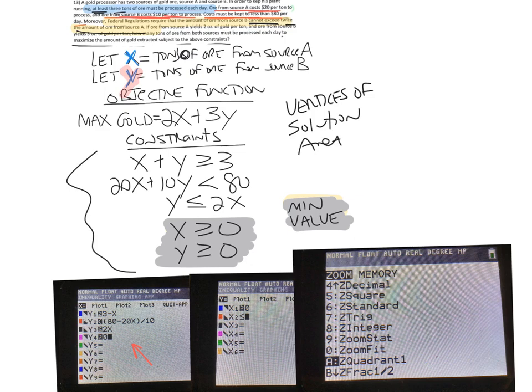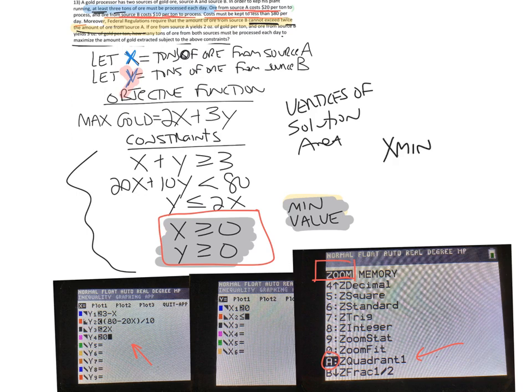And what I'm going to do to start this question, since I have these 2 minimum value inequalities, x is bigger than or equal to 0, y is bigger than or equal to 0, I'm going to start off by going to zoom and then scrolling down to option A, which is zoom in quadrant 1.